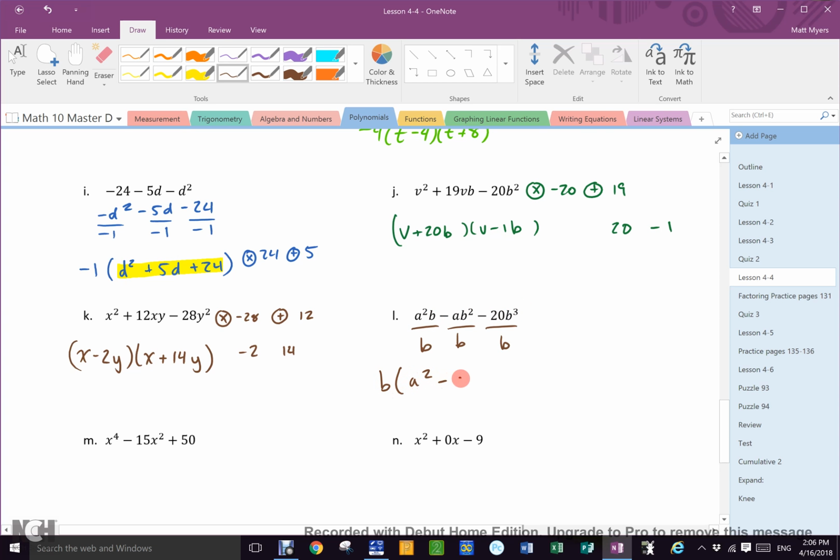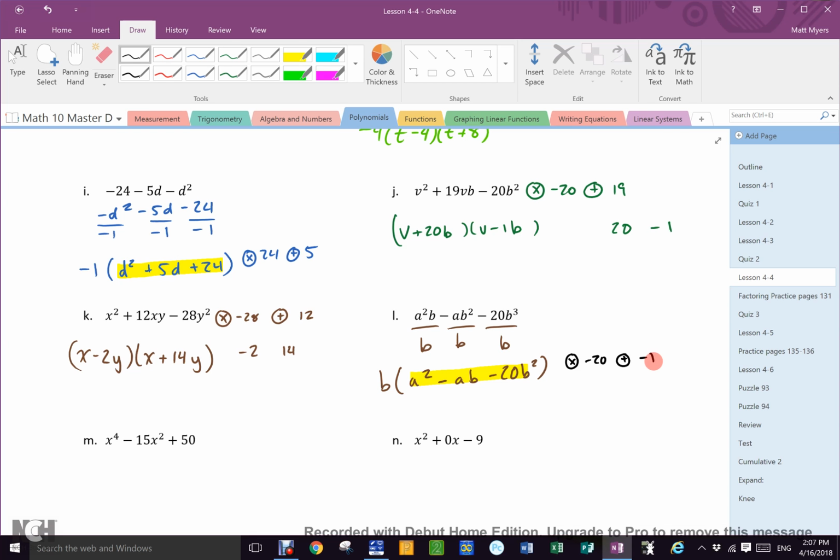A squared minus AB minus 20B squared, right? Then I say to myself, self, that looks awfully suspicious, so we check. Are there numbers that multiply to -20 and add to -1? Is it 1 and 20? Nope. Is it 2 and 10? Nope.